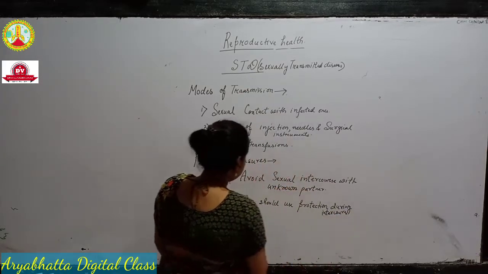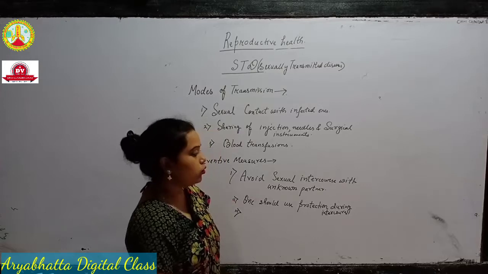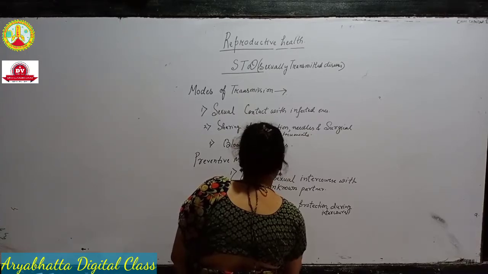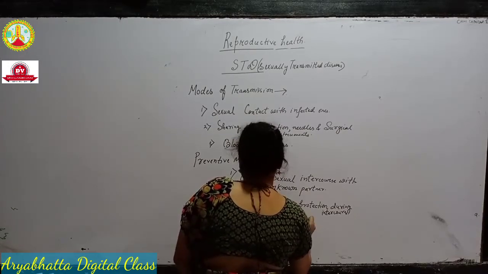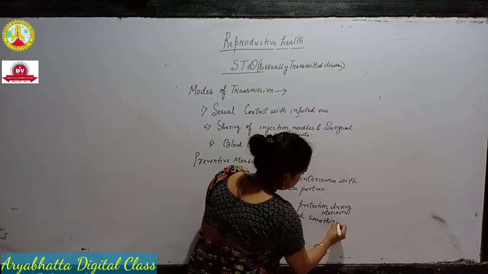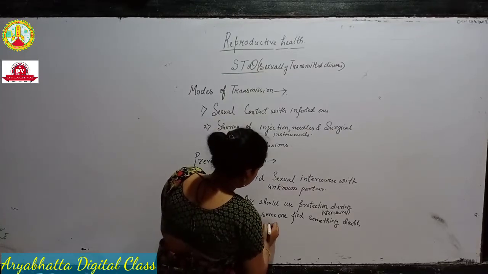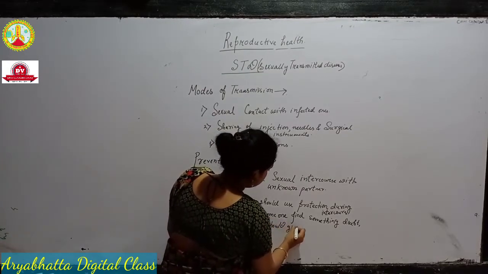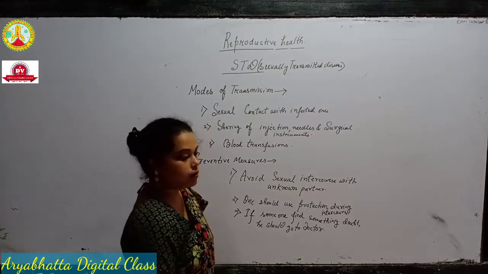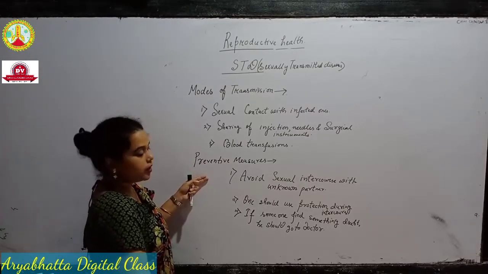Number 3, if someone is in doubt, he should go to a qualified doctor and immediately get checked. So these are the modes of transmission and these are the preventive measures.